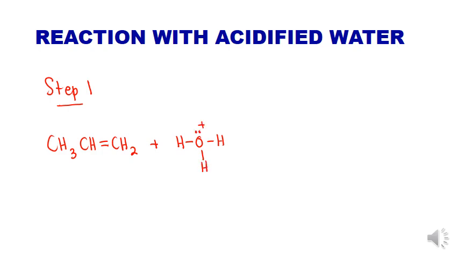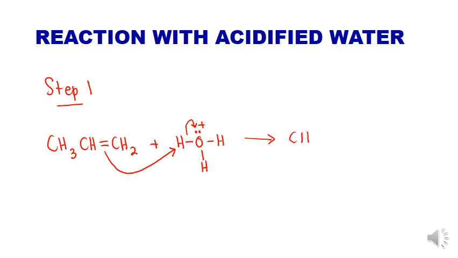So the carbon-carbon double bond, which is the nucleophilic site, will attack one of the protons from the acid and break the bond between the hydrogen atom and the oxygen atom. And then it will form a product of addition of the hydrogen atom to the carbon-carbon double bond.